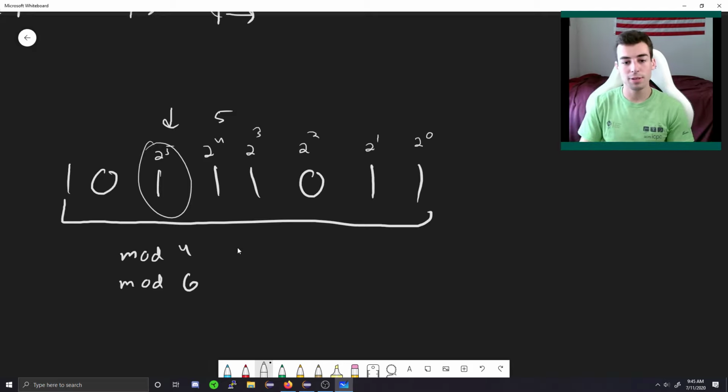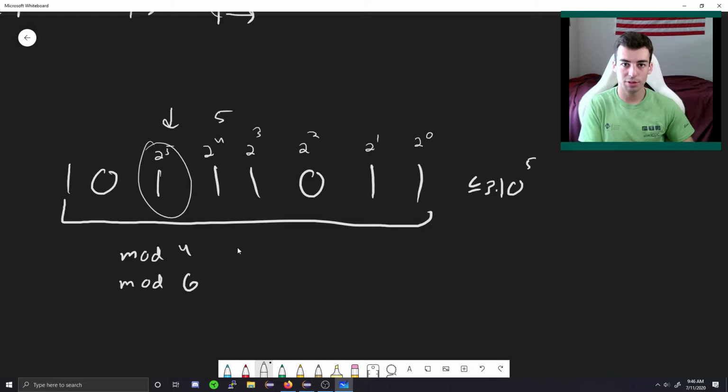The number of 1-bits here is less than or equal to something like 3 times 10 to the 5th, so we can precompute the answer for that. Once we know its value under mod, we have those all stored in a table, and we can just print that answer from the table. We can do this in order of the number of bits, which is O(3 times 10 to the 5th), so that should be fine.